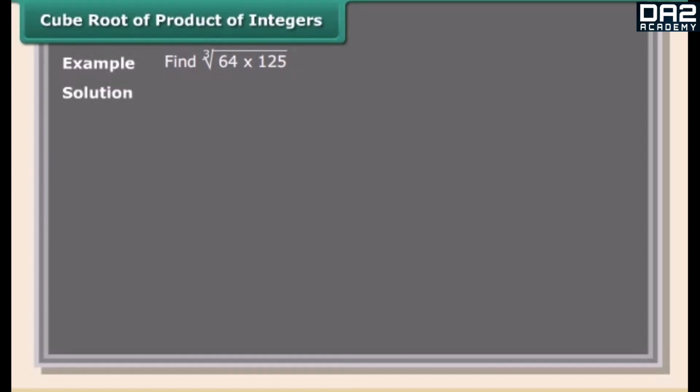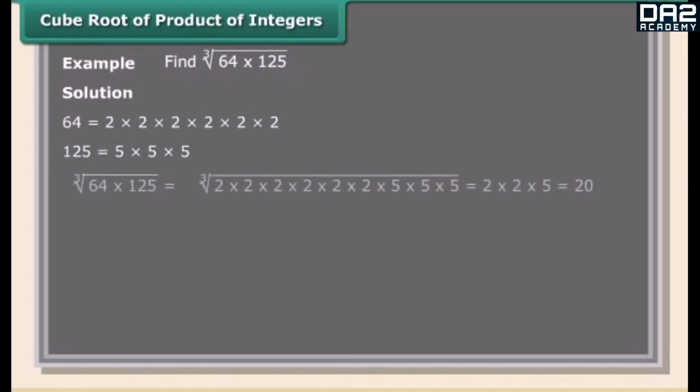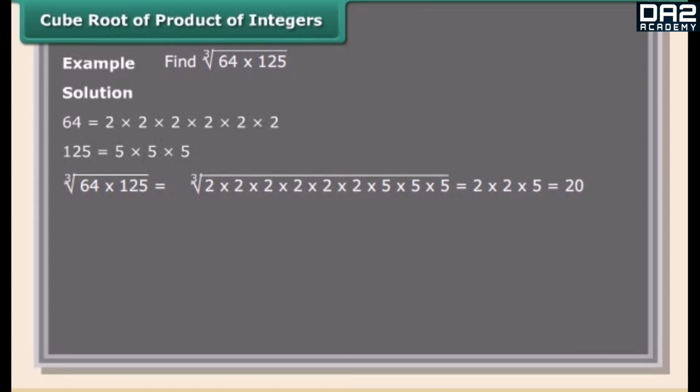Solution: 64 is equal to 2 × 2 × 2 × 2 × 2 × 2. 125 is equal to 5 × 5 × 5. The cube root of 64 × 125 is equal to the cube root of 2 × 2 × 2 × 2 × 2 × 2 × 5 × 5 × 5, which is 2 × 2 × 5, which equals 20.